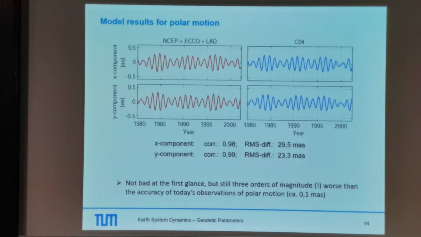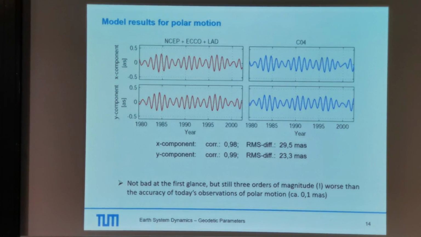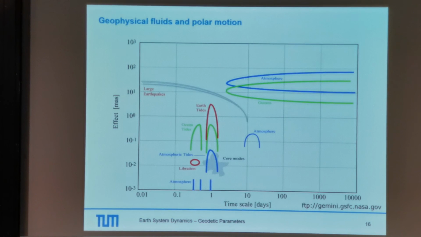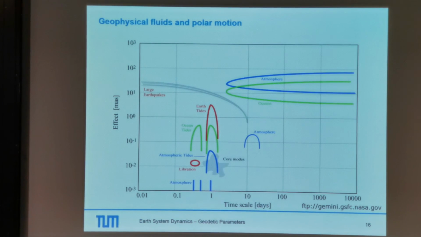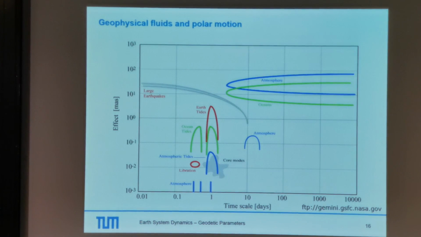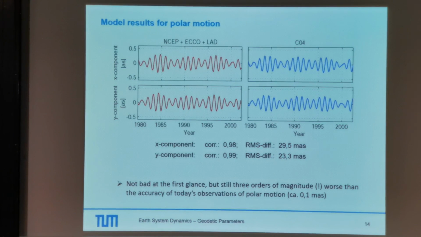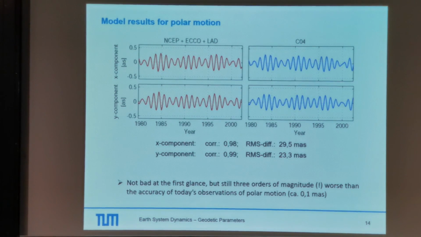Because we learned with this geophysical fluids and polar motion scheme, I think it's the next slide, here, that the current measurement accuracy is somewhere here, 0.1 milliarcseconds, and the difference shows still a scatter of, let's say, 20 to 30 milliarcseconds.